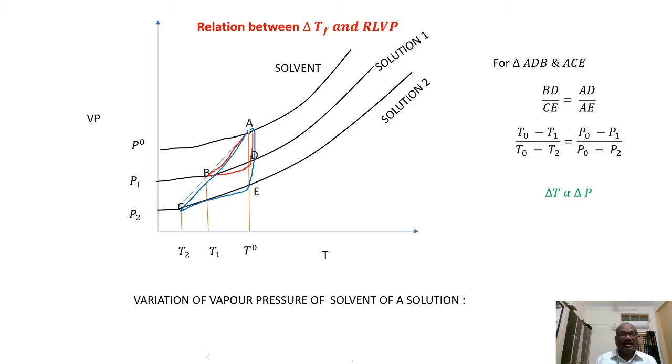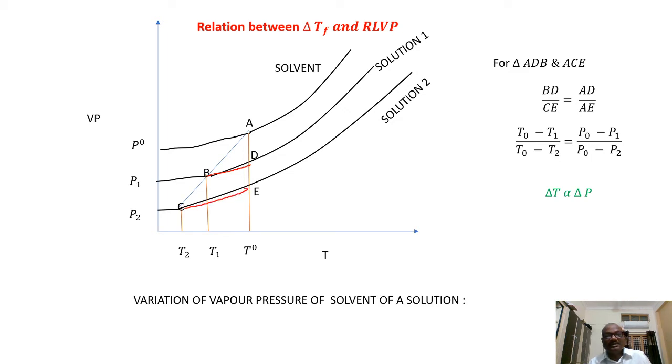That's why for ADB and ACE, BD divided by CE, that is this part divided by CE. These are considered approximately a straight line.